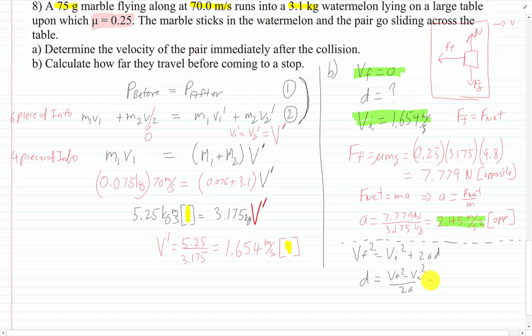And that's going to equal 0 minus 1.654 squared all over 2 times a negative 2.45. Negative because it's in the opposite direction, but we'll have a negative up top and a negative down below, so we get our positive distance out, and that's what we wanted.